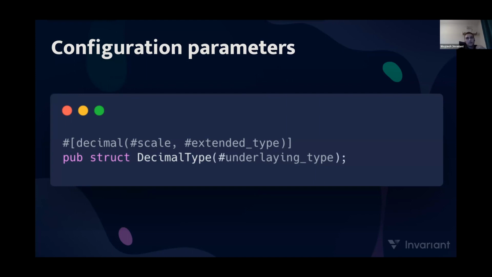This type becomes a regular Rust struct with only one field, which is value, and everything related to it is not stored in metadata or on this type.